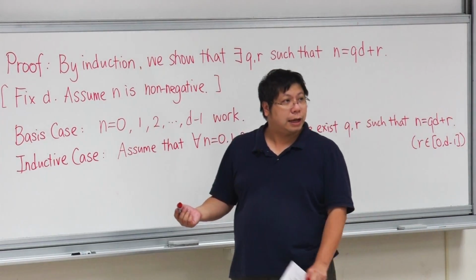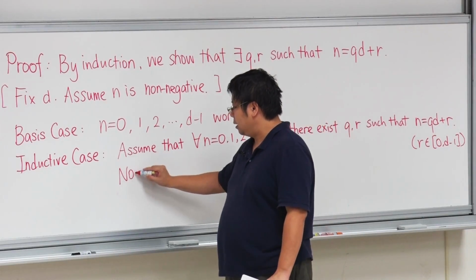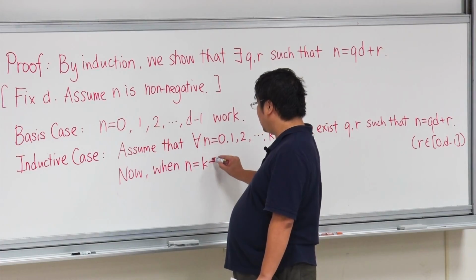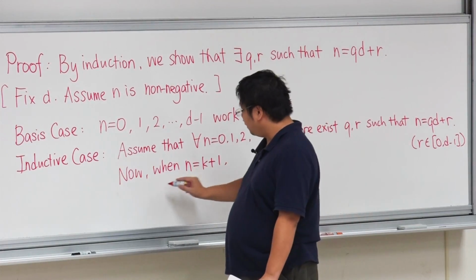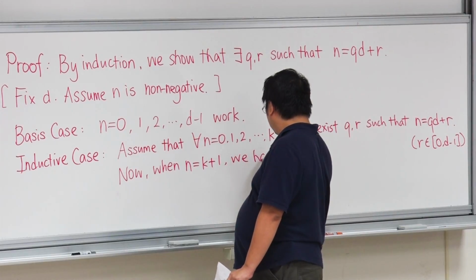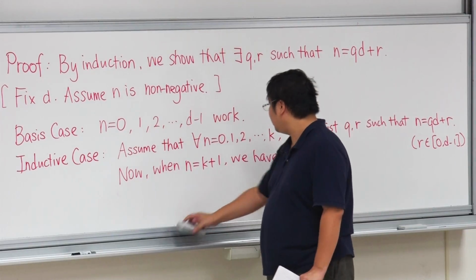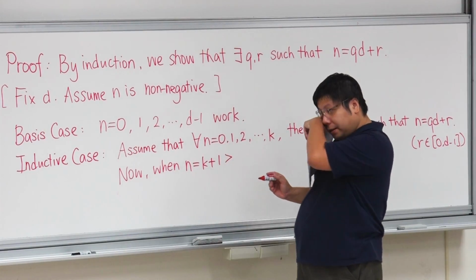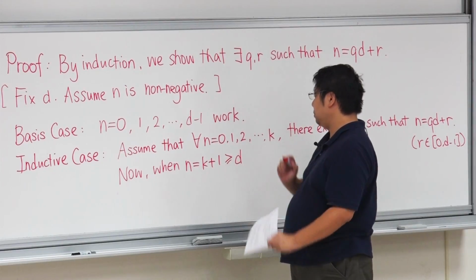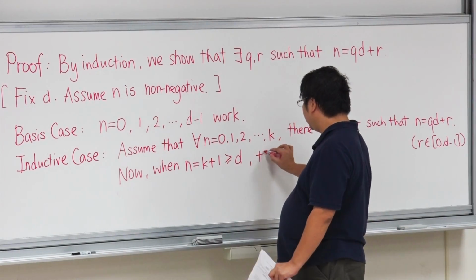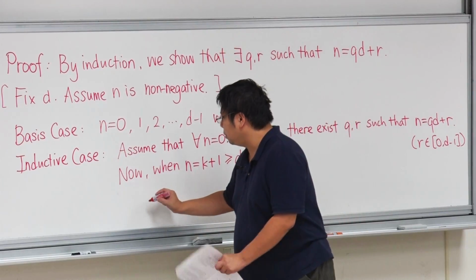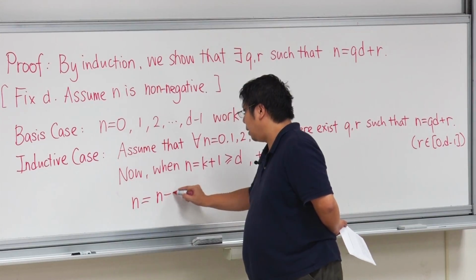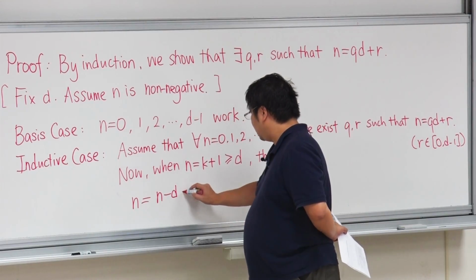Now, what happens when we are looking at k plus 1? When n is equal to k plus 1, let's say k plus 1 is greater than or equal to d, then we will have n is equal to n minus d plus d.